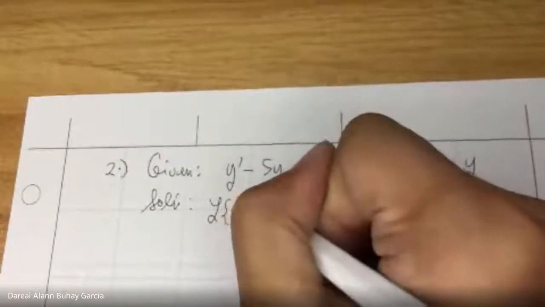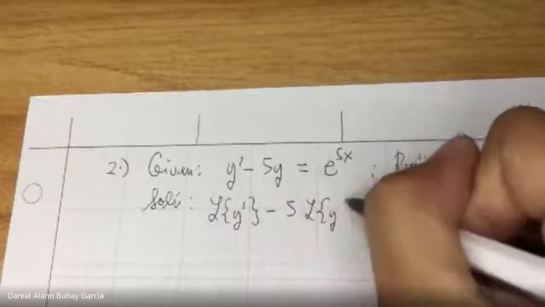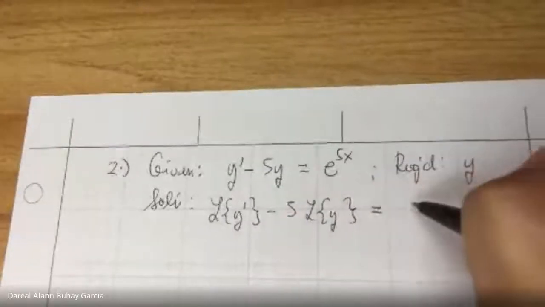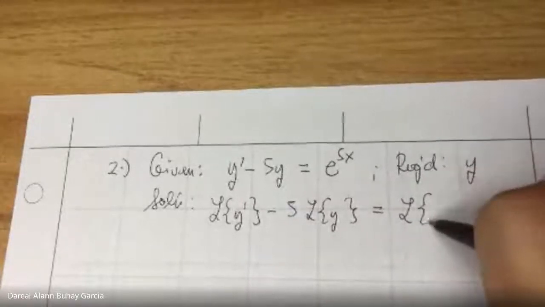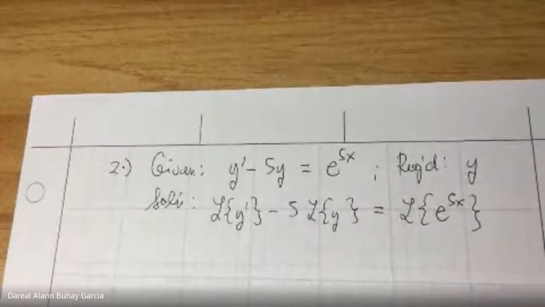Laplace of y prime minus 5 Laplace of y equals the Laplace of e to the power of 5x.